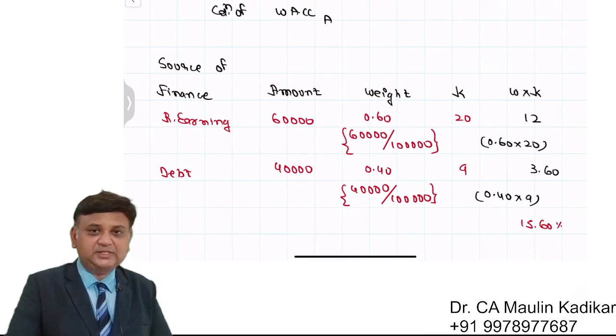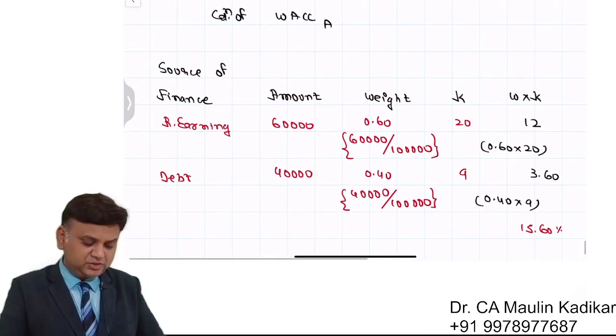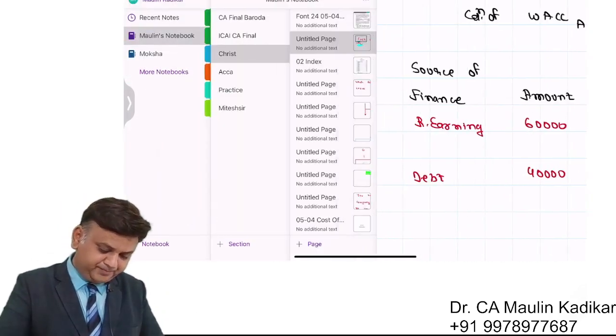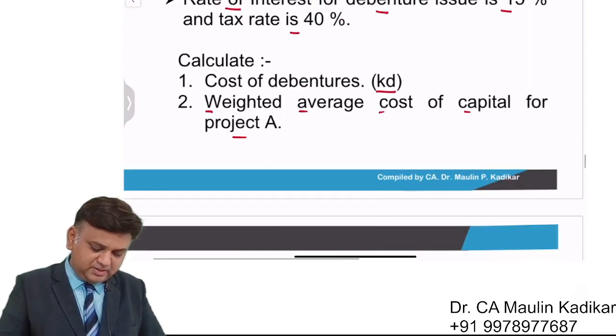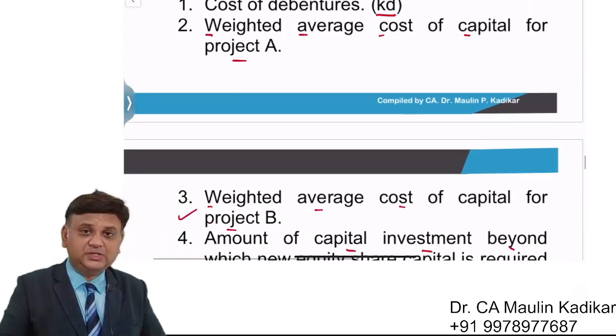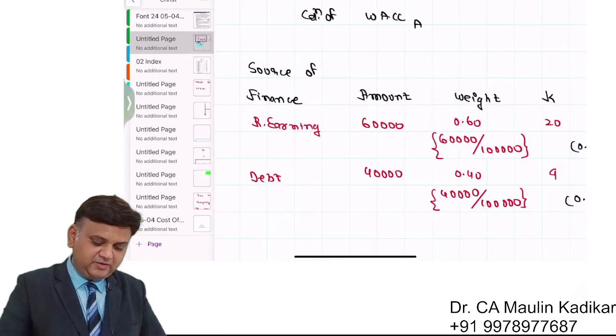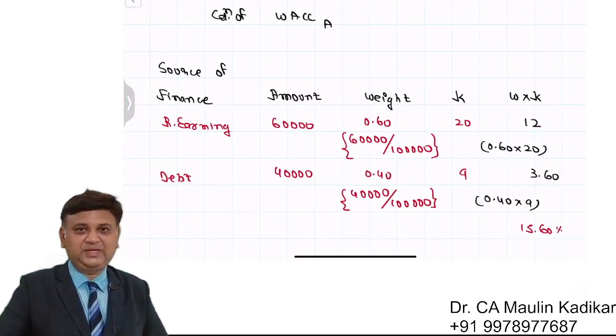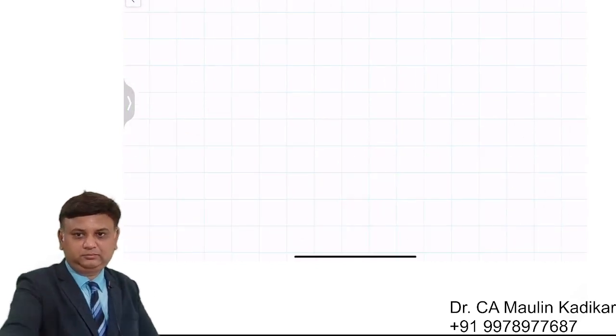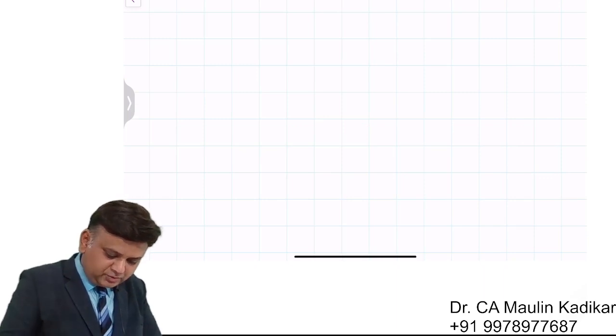I request you to write down the answer for weighted average cost of capital for project A, and I request you to put the answer for the third question in the chat box. Weighted average cost of capital for project B. So the answer of the third question.